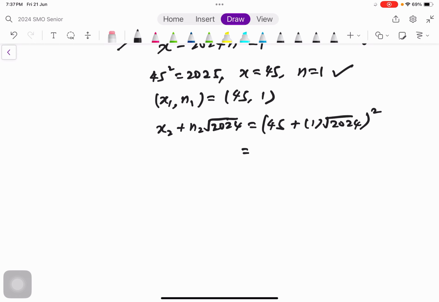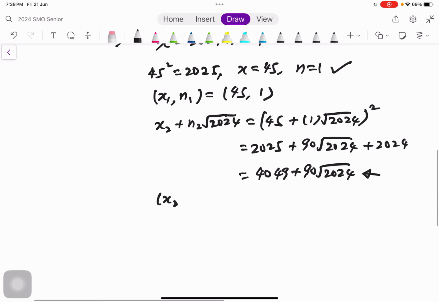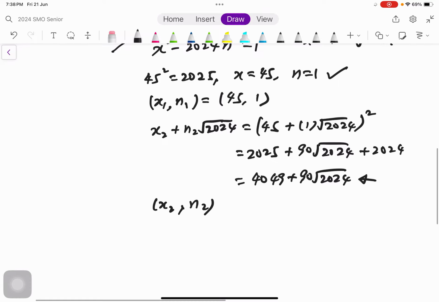This would be just equal to 2025, plus 90 square root of 2024, plus 2024. And in this case, you will get 4049 plus 90 square root of 2024. Take note, you are looking for integer solutions. Therefore, by comparison, you can see that x2 is 4049, and your n2 is actually 90.